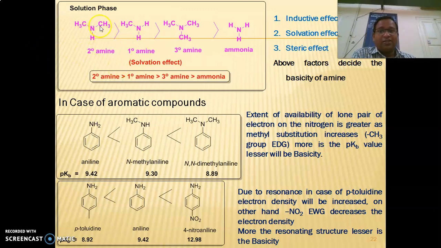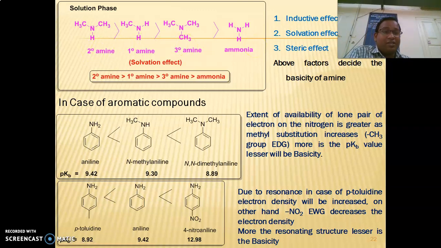Because of that, secondary amine has greater basicity than primary amine, greater than tertiary amine, greater than ammonia. This effect is called the solvation effect. When the amines are in the solution state, the basicity order is secondary amine greater than primary amine, greater than tertiary amine, greater than ammonia.